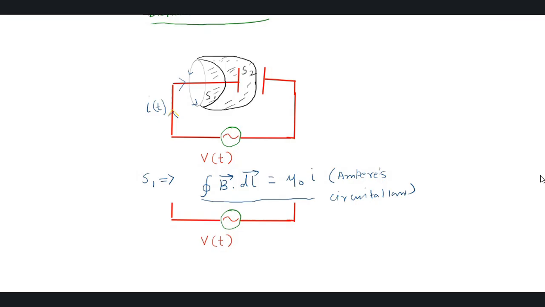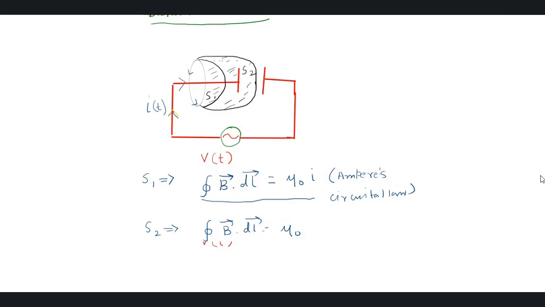But if we consider the surface S2, then if we apply Ampere's circuital law again, the closed integral of B dot dl will give us mu 0 times the current through this surface S2. There is no current threading through it, because it is lying within the separation between the plates.